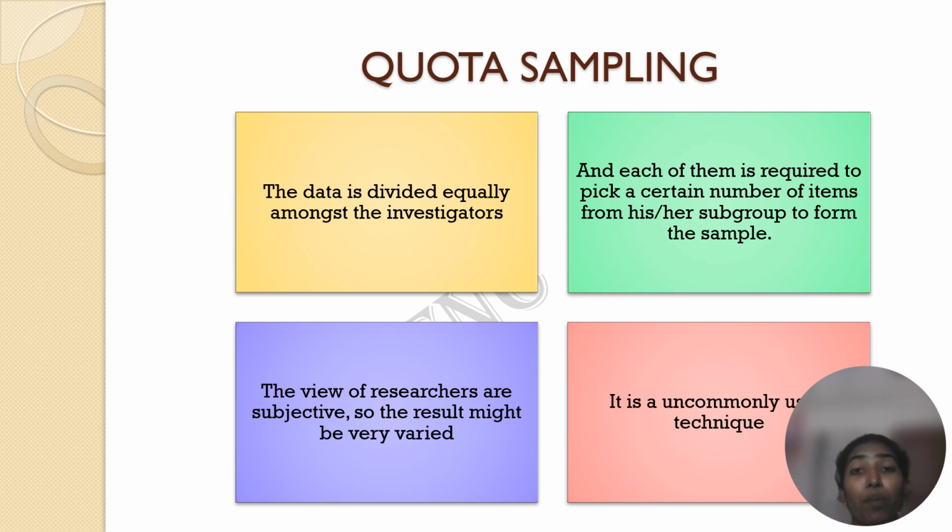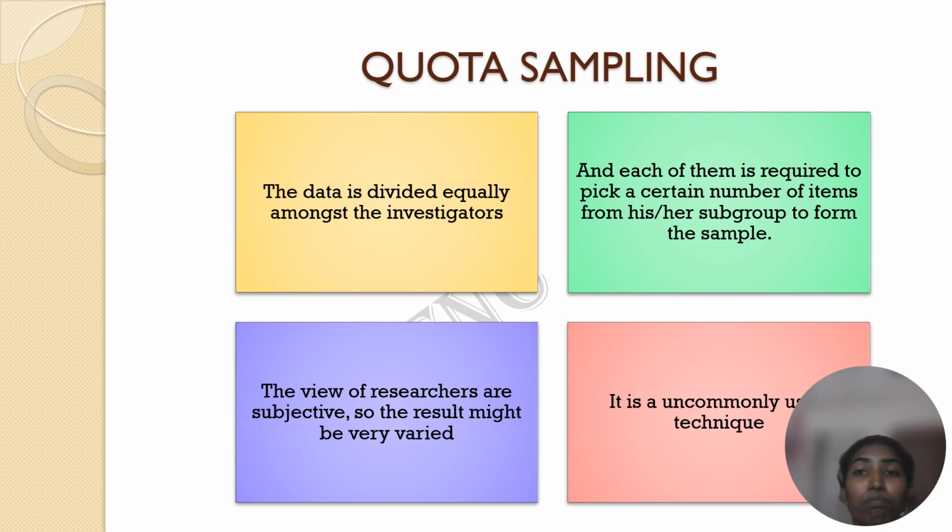This particular type of sampling technique has a disadvantage because every researcher is unique. So the research will become subjective in nature because the choosing of the respondents will be very subjective.